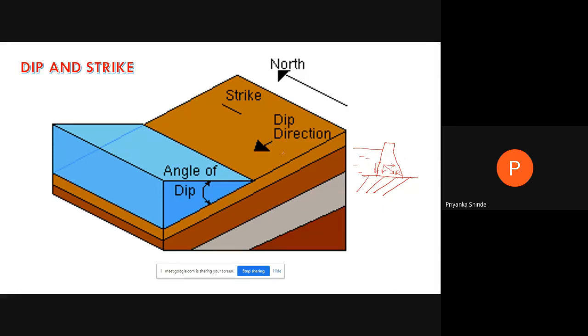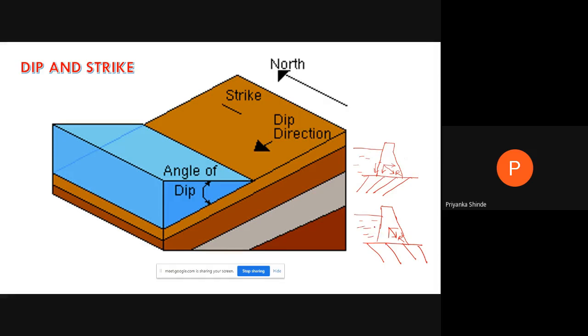One more case I will show you so that you get the difference and the importance of this. Suppose this is a dam and here the beds are dipping to the downstream side, and this is the reservoir. Here also this is the resultant force and these are the forces acting on the dam.